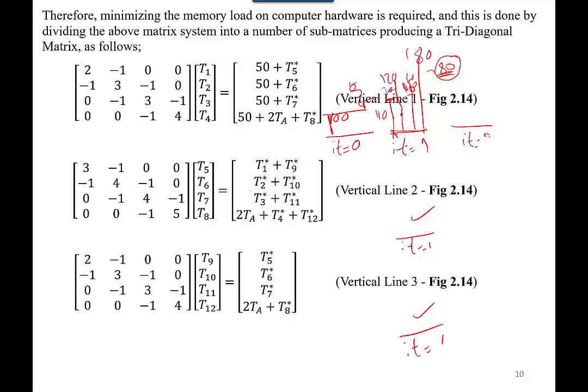It will be iteration number 2, and we will give the results here, which are 110 and 120 and 160 and 180, as star values to be substituted in the same matrix, and we will resolve the same matrix here, and it will give us a result for iteration number 2, and the same goes for submatrix number 2 and submatrix number 3.